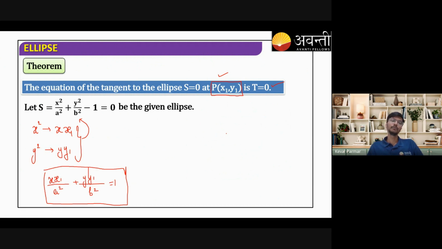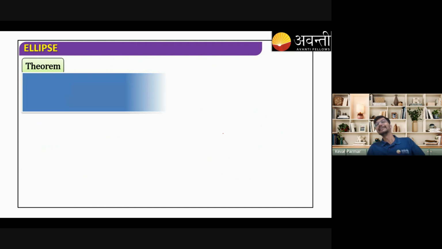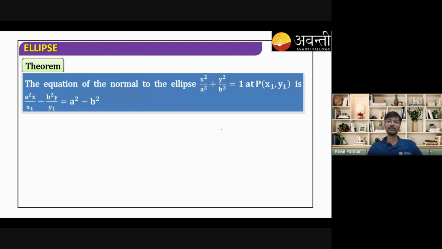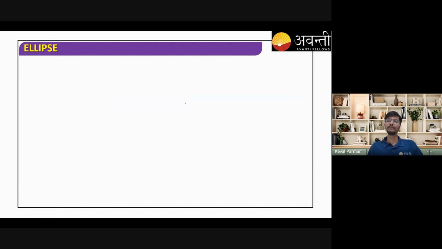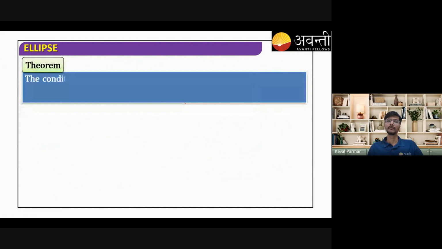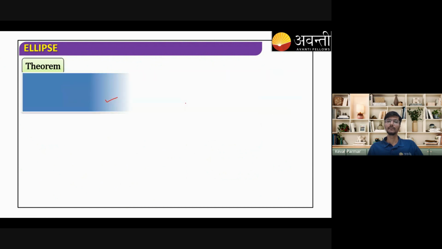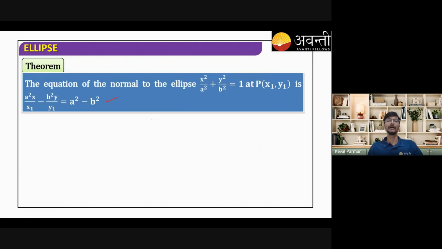Chalo. Next thing, what we need to know? The equation of normal is this. How did the equation of normal come? Yeah. What was the equation of tangent?